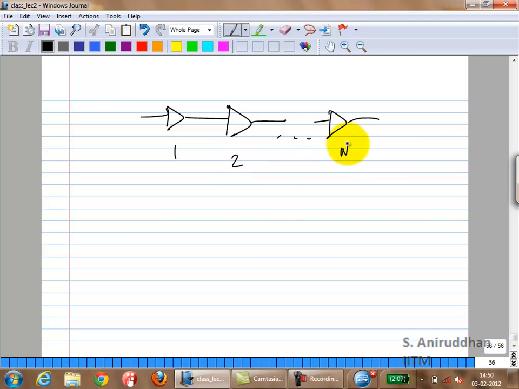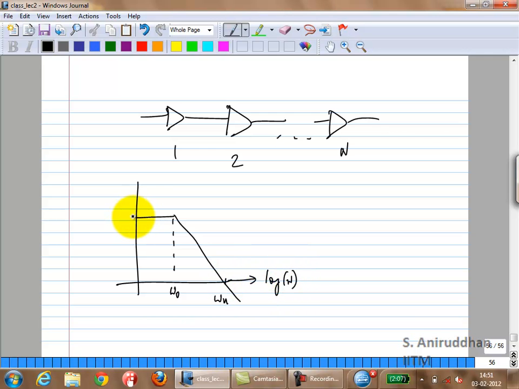So if you have n amplifiers, you can try to find out what the overall bandwidth is going to be for this cascade, assuming that everything is a single pole system. Let me call omega naught the pole, and I'm going to call this A naught.